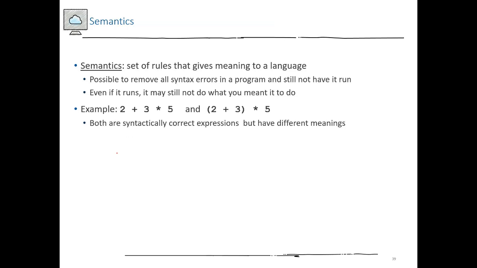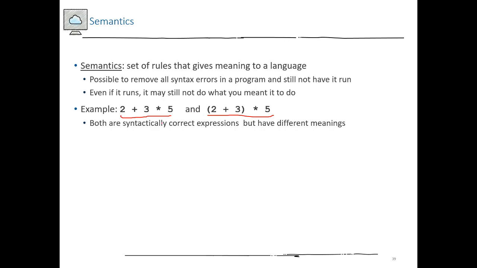Semantics. Here's a good example of semantic rules. Semantic rules might not have a syntax error, but they give you an output or a result that is incorrect. For example, 2 plus 3 times 5 and 2 plus 3 in parentheses times 5 are not the same. We know that.